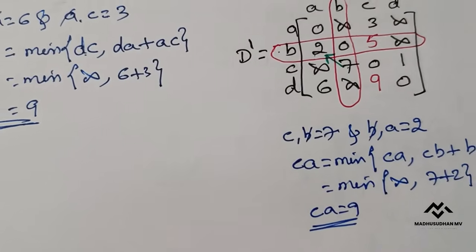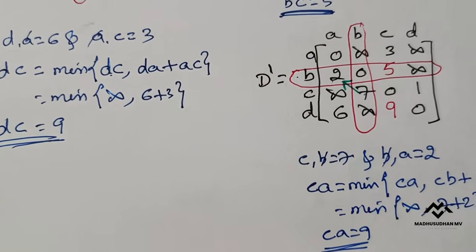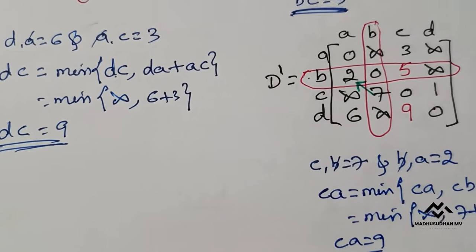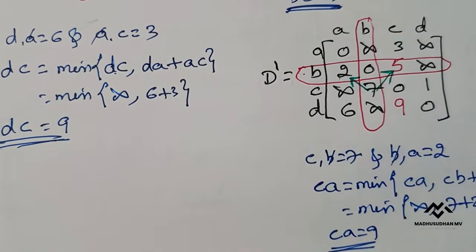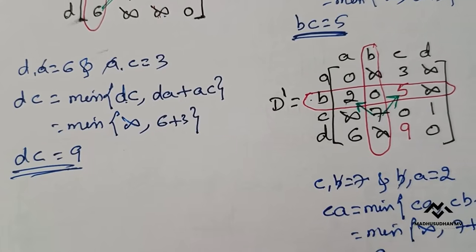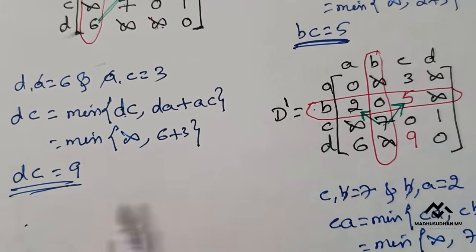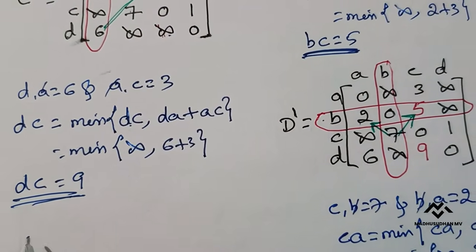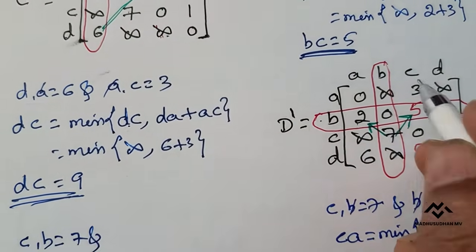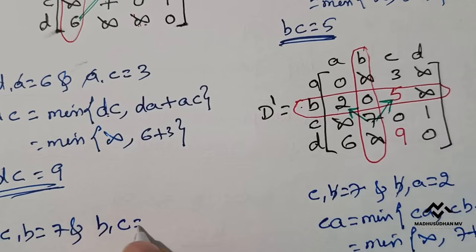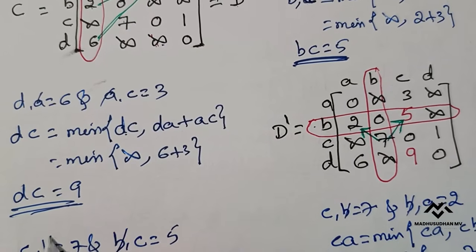Similarly, now I need to calculate one more thing. This column value I need to compare with this row value. This column value is C to B, equal to 7, and this row value is B to C. B to C is 5. Now BB gets cancelled.